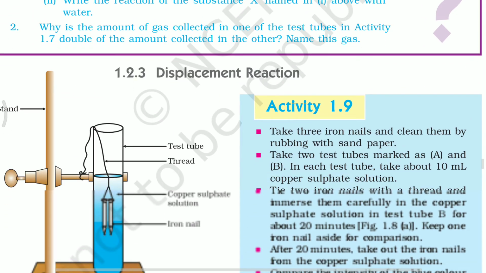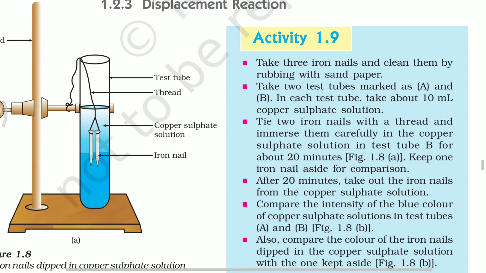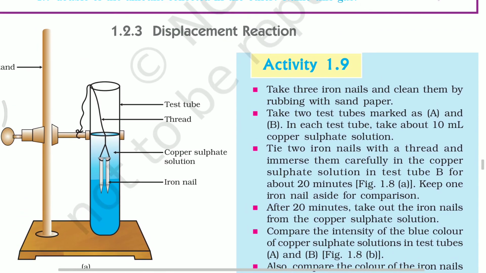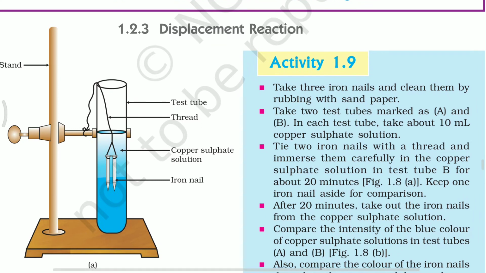Next, displacement reactions. So this is very simple. We already discussed that displacement reaction is nothing but a highly reactive element displacing another element present in another compound. That is the main theme of displacement reaction.